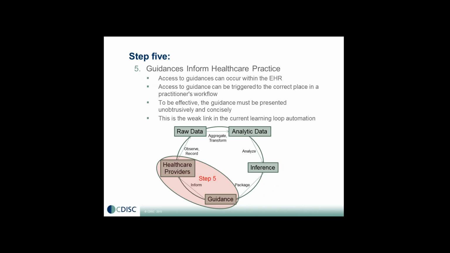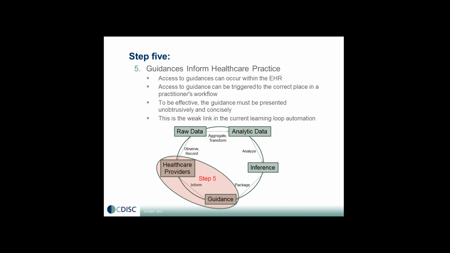Probably the best way to do this is to allow those guidances to be inserted right into the electronic health record at the point of care, and to make sure that those guidances are triggered at the correct place in the practitioner's workflow, and presented in a very unobtrusive, concise way that integrates tightly into the workflow of the clinician.